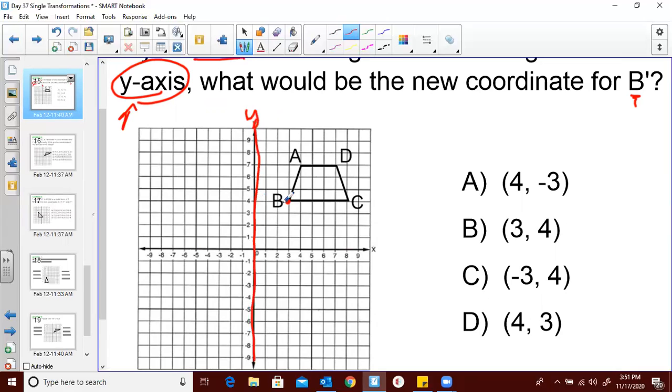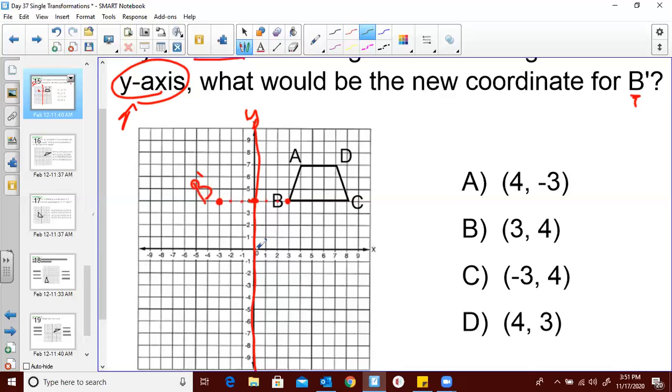All right, so the easiest way I think to do this is just to count. We're just going to do this little counting game. We're going to go 1, 2, 3. I hit my y-axis. I'm going to stop for a second. If it took me 3 steps to get to my y-axis, I need to go 3 steps past my y-axis. That's going to be 1, 2, and 3. And that's going to be my B prime.